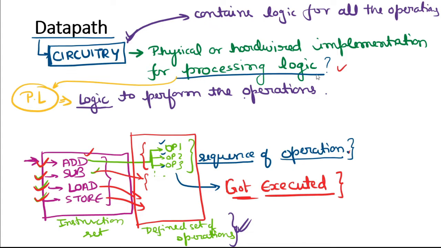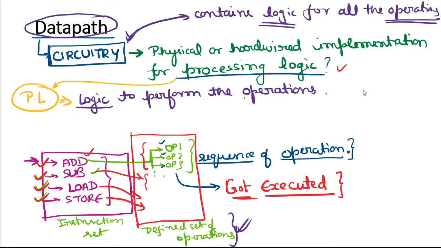Okay, now data path is nothing but a circuitry, right? This circuitry has all the logic for all the operations, right?